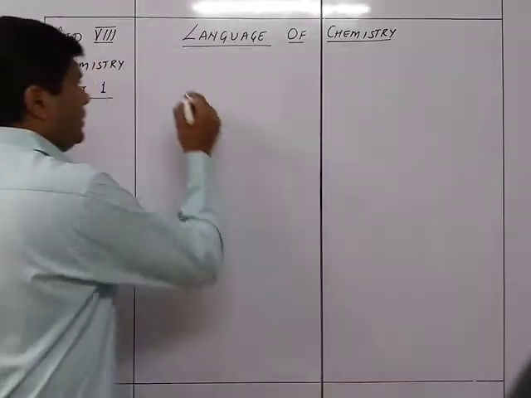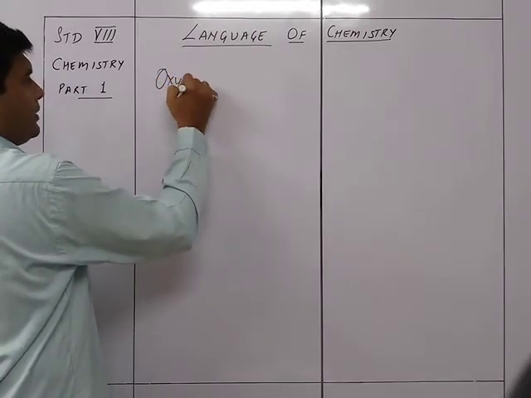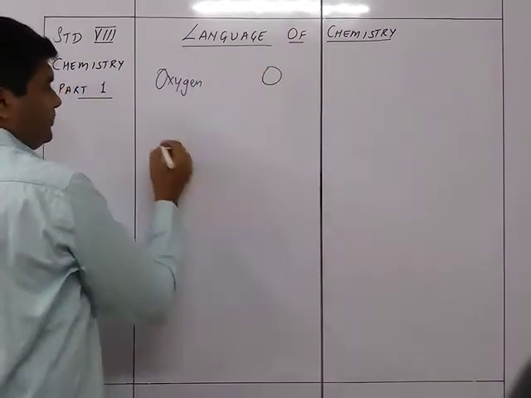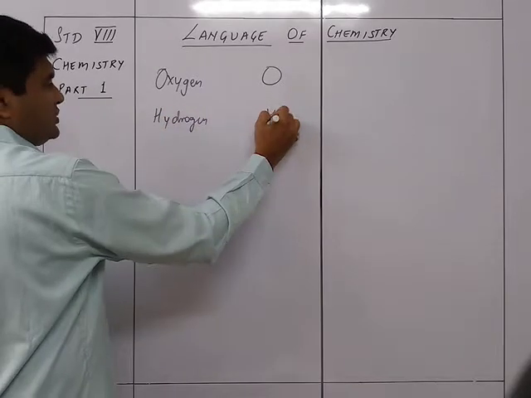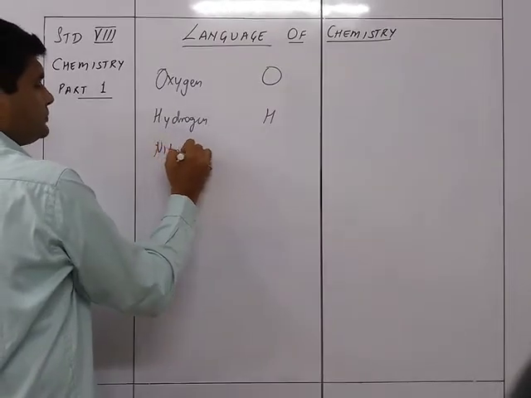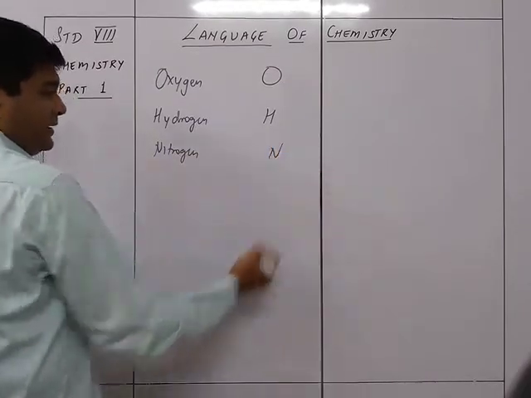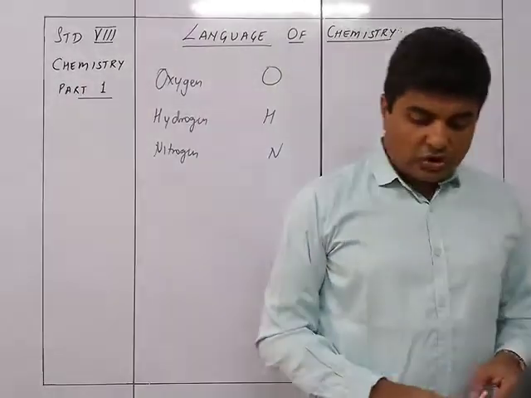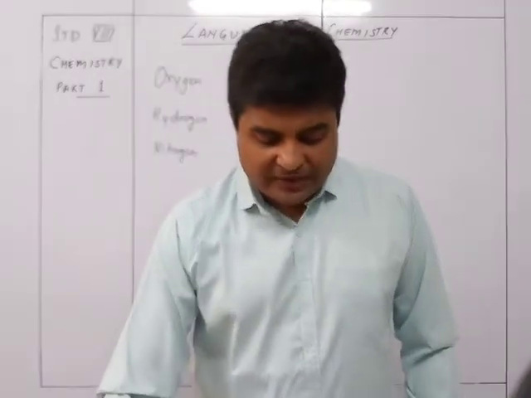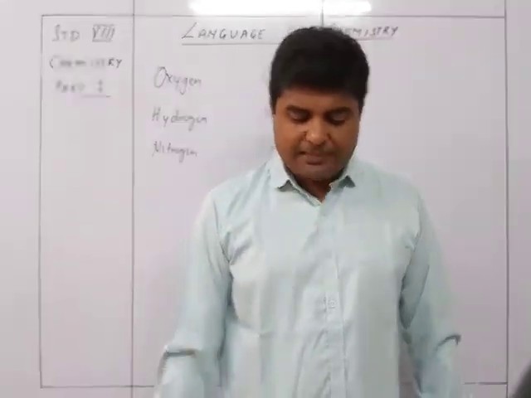So that's why you have oxygen given by the letter O, hydrogen given by the letter H, nitrogen given by the letter N. So the first letter of the name of an element was taken as a symbol of the element.